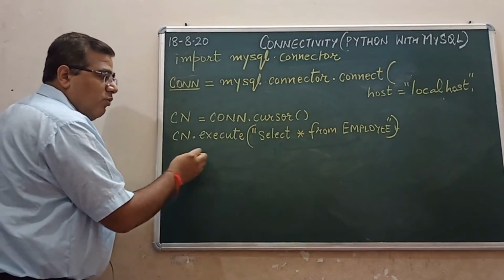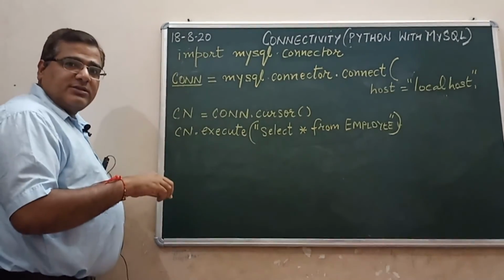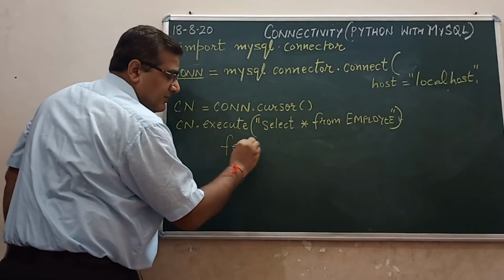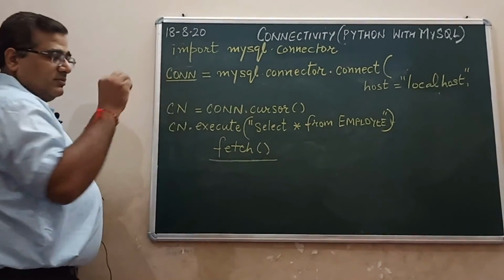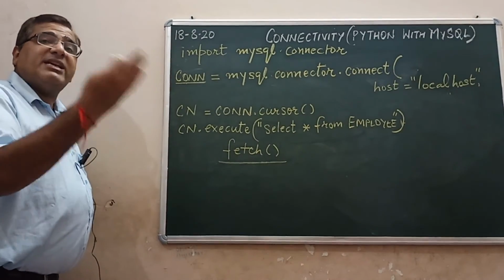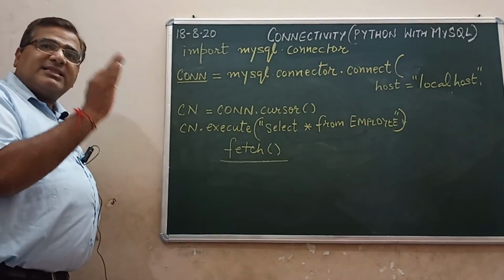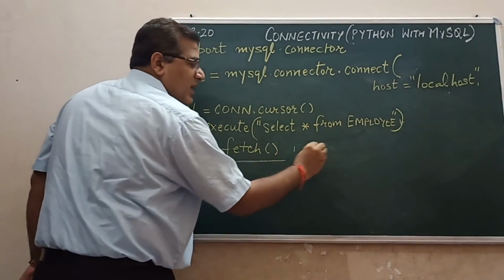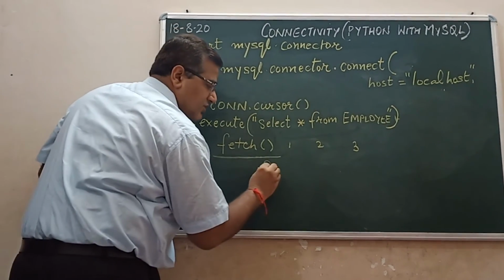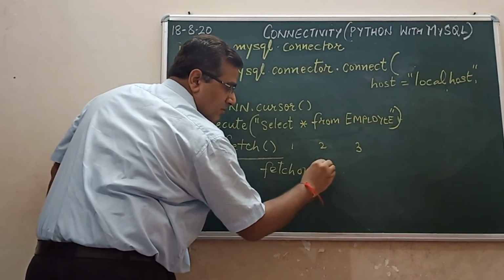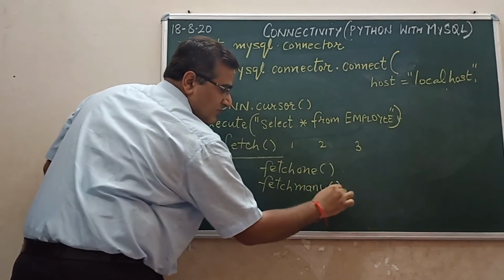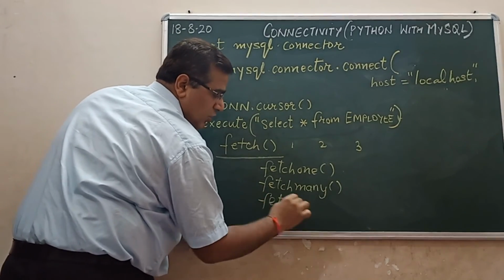Now, you want to display all the records. There is one very important function called fetch. Fetch function is in three forms, three variations. Depending on the accessing of records, you can use any of the three variations of the fetch function. Fetch one, fetch many, fetch all.